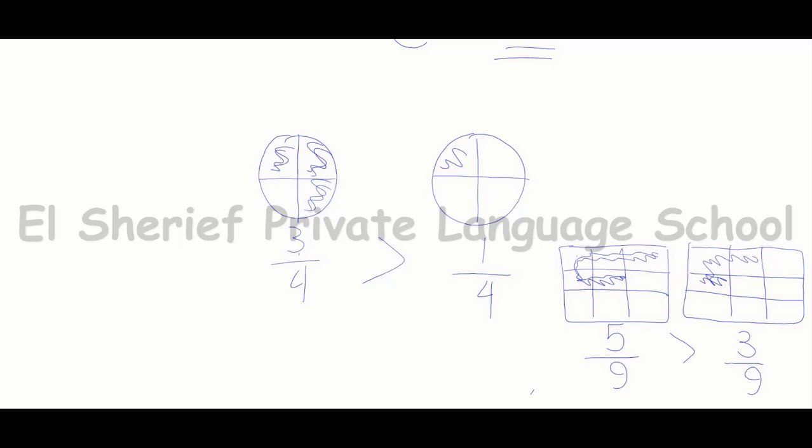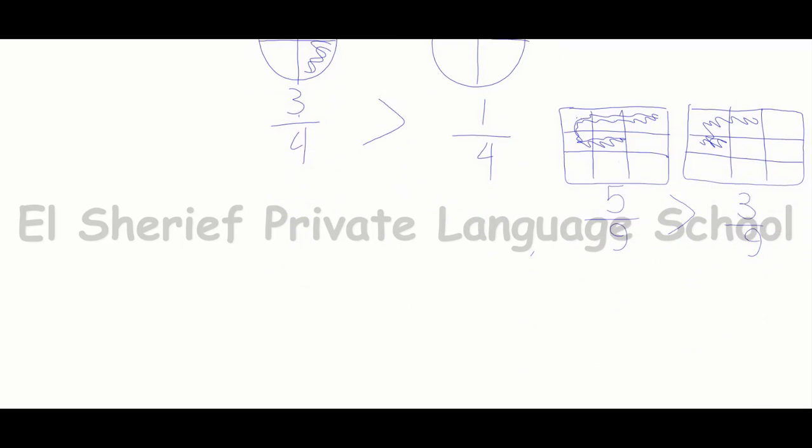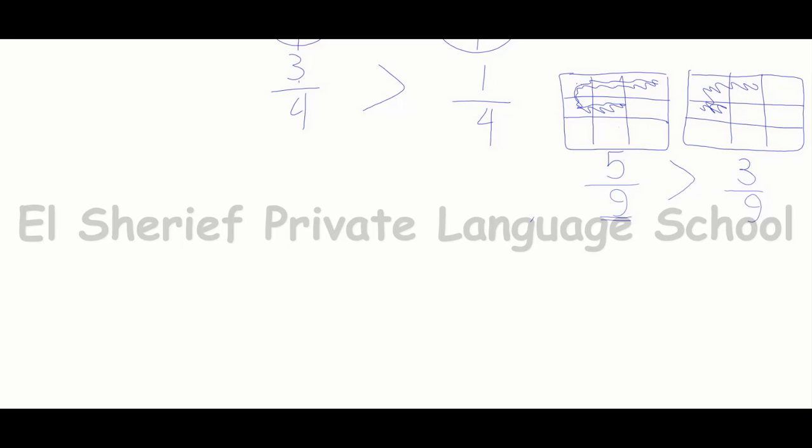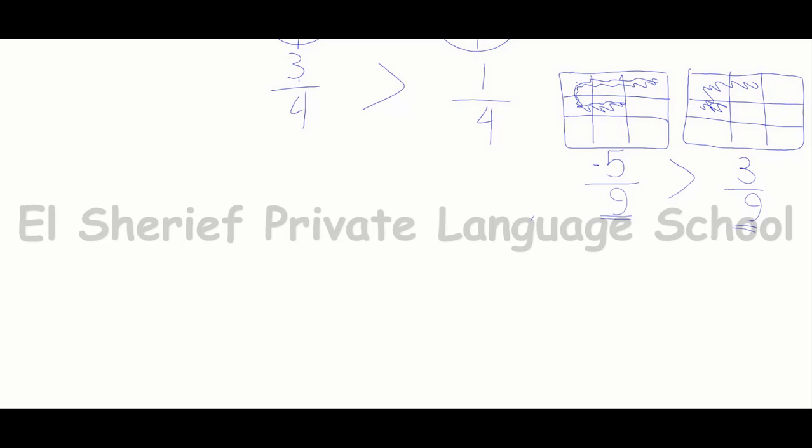Yes, 5 is the greatest one. Ahmad colored more of the rectangle than Omar. So when we have the same denominator but different numerators, we look at the greatest numerator. The greatest numerator, the greatest fraction.